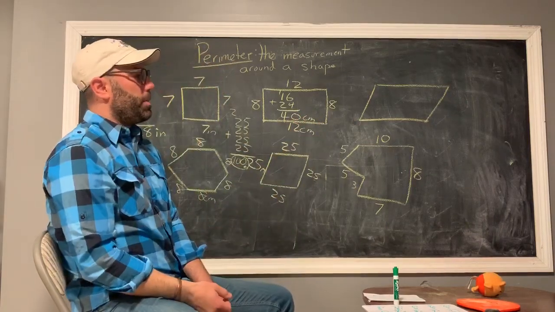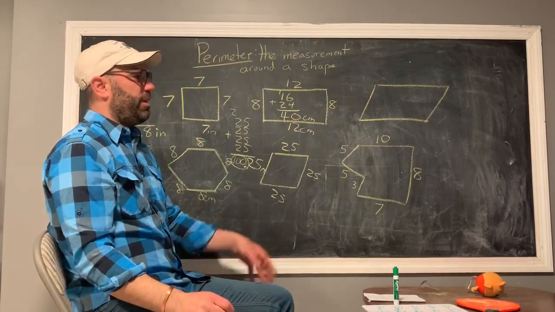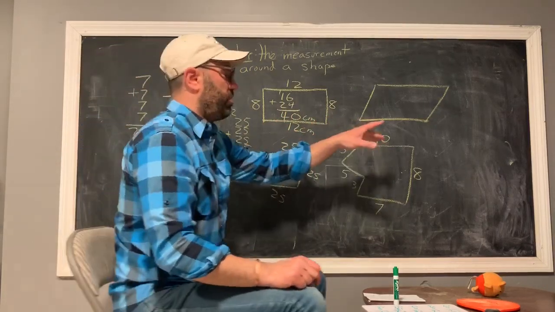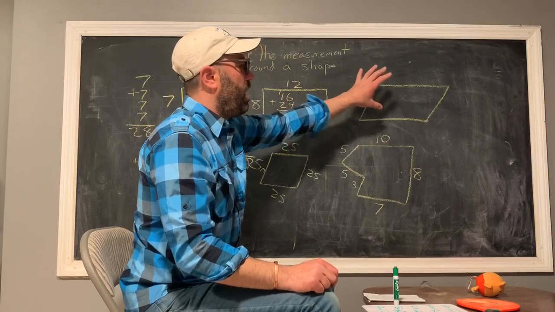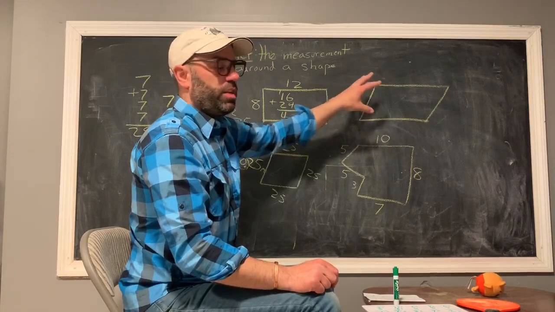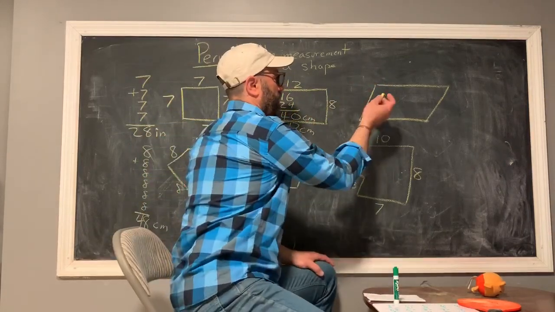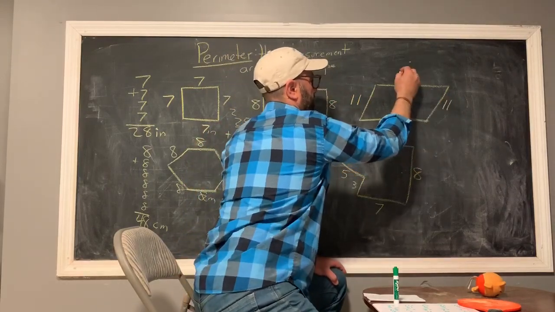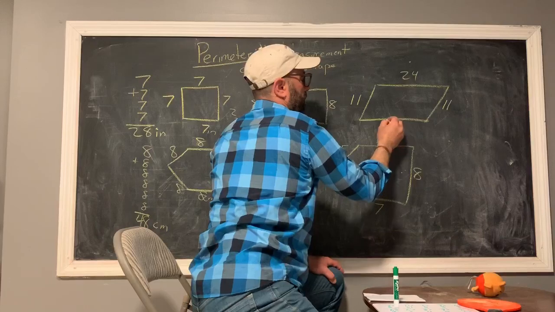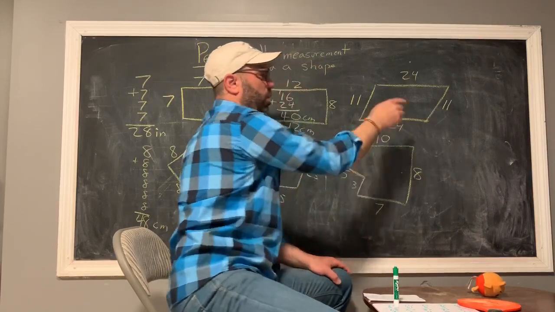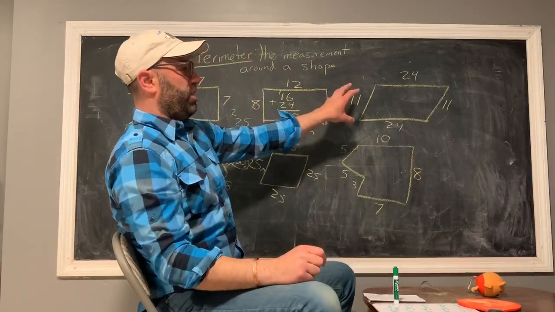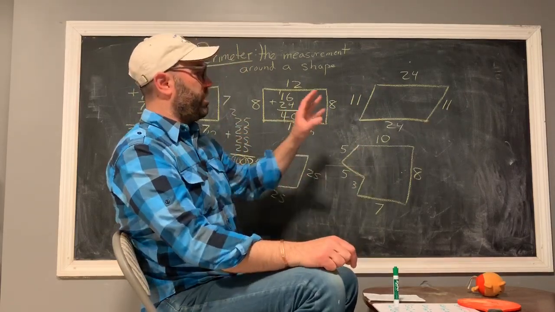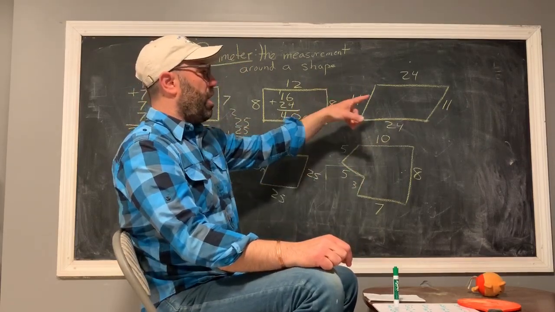Okay. And now say I had a trapezoid. And so same thing as a rectangle and a parallelogram, opposite sides are equal. Okay, so say this one was 11, and this one was 24. So this one would have to be 24. All I would have to do is add them up. But instead of adding the 24 plus 11 plus 24 plus 11, I'll group it a little bit.